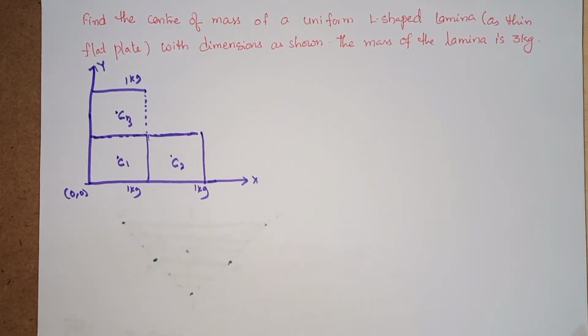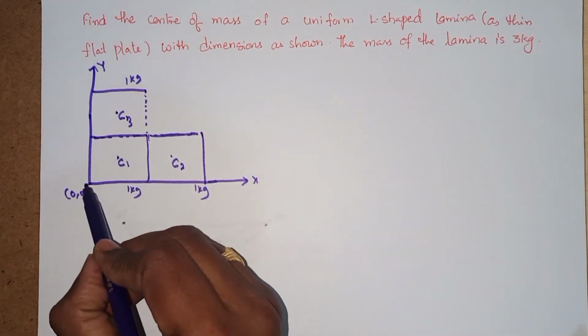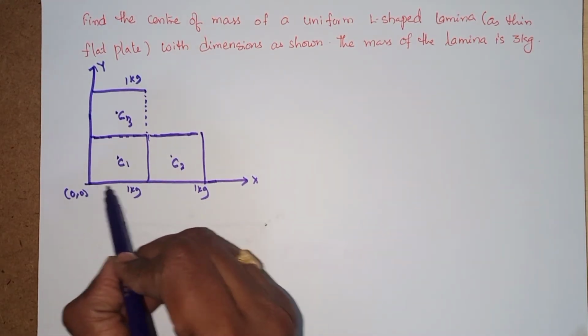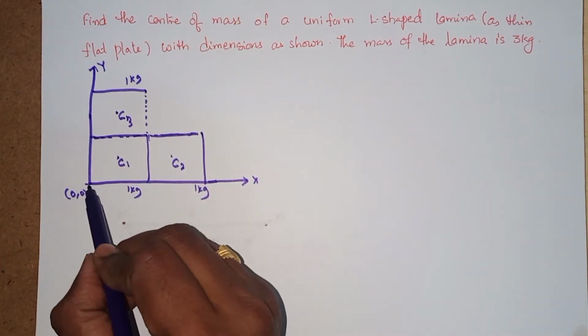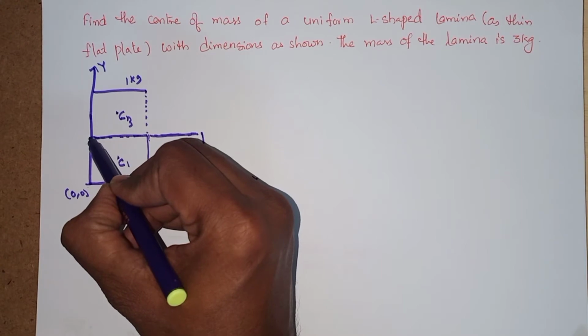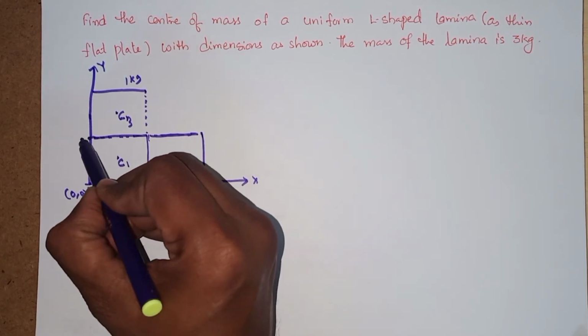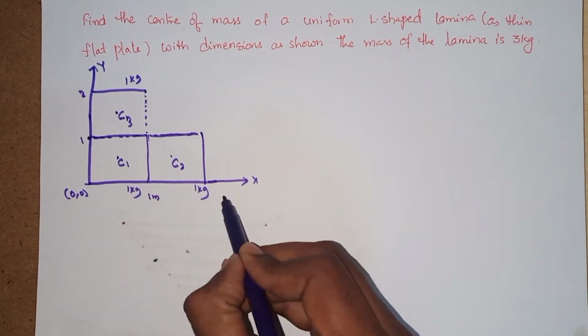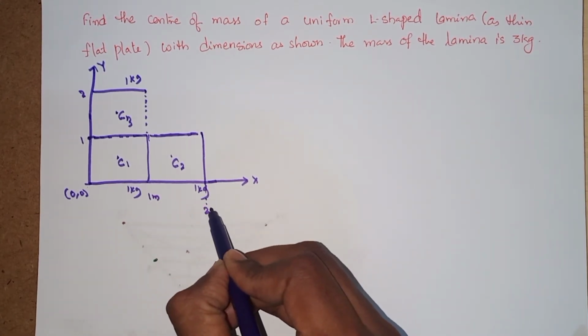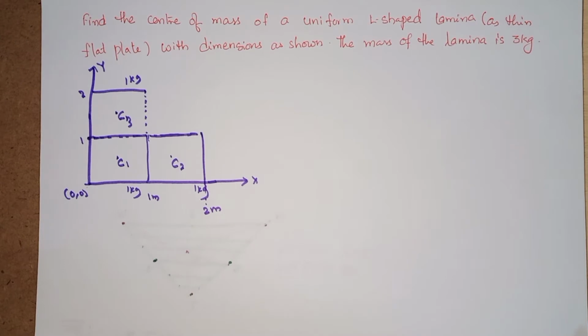Now, how to identify the locations? If each strip is 1 kg, we also divide into an equal length. This is 1 meter and 2 meter, 1 meter and 2 meter. Now, first we try to analyze the mass points and their locations.